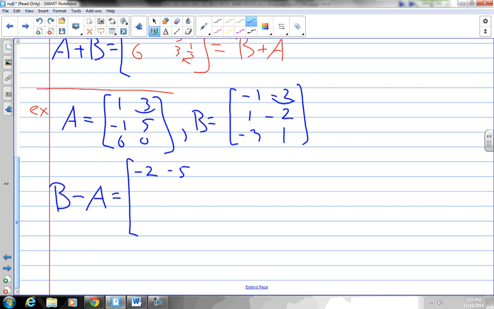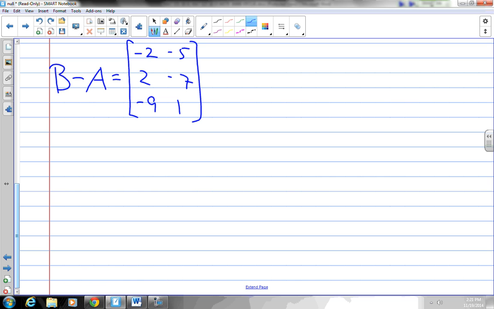It's 1 minus -1, so that's +2. -2 minus 5 is -7. -3 minus 6 is -9, and then 1 minus 0 is 1. Is that okay? Very straightforward. So you add and subtract matrices how you would expect.